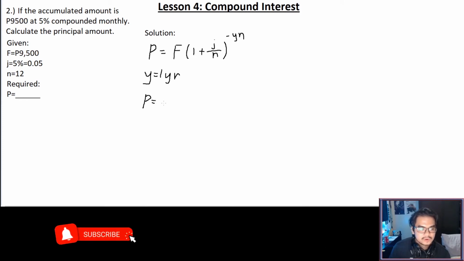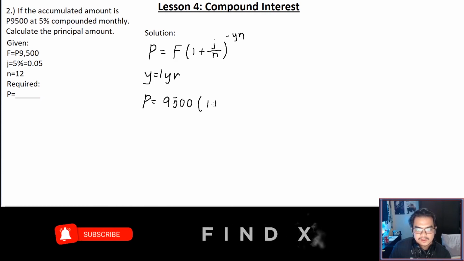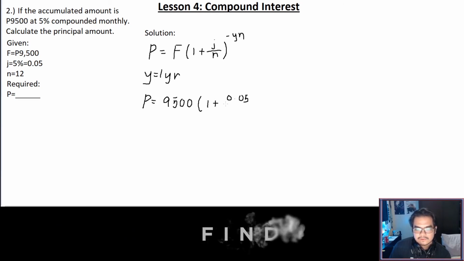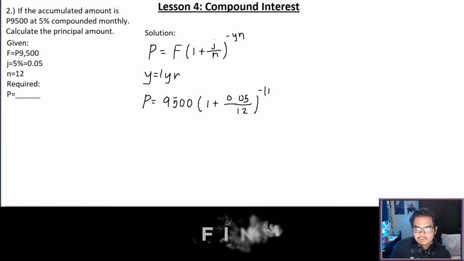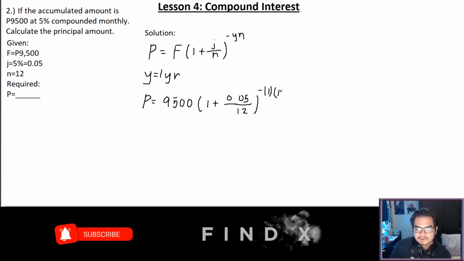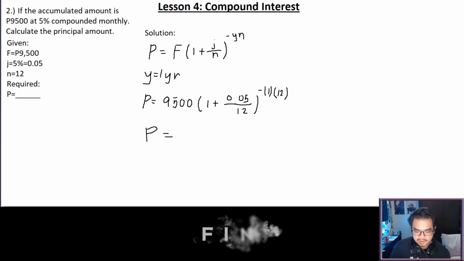P equal to, your F is 9,500. 9,500 times 1 plus j is 0.05 over n is 12, raised to, don't forget the negative, y is 1 times n, that is 12. Now, if you compute this, your answer must be lower than 9,500 because that is the principal amount.